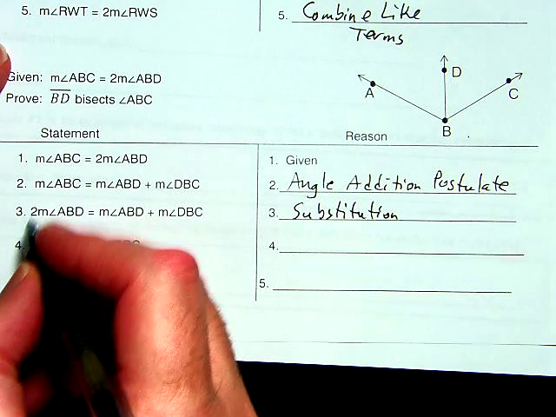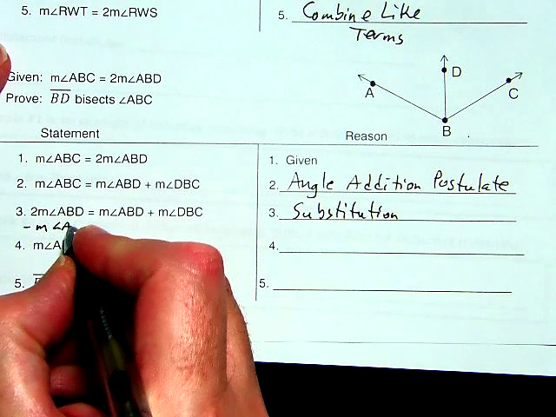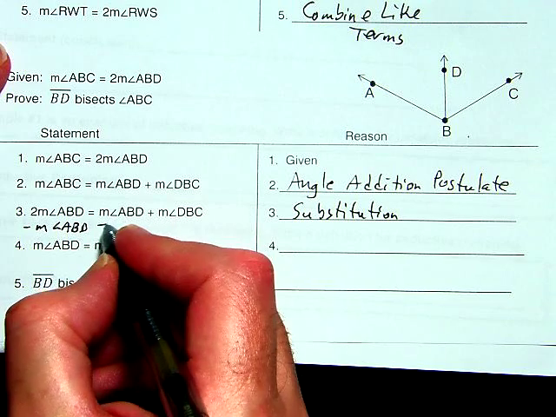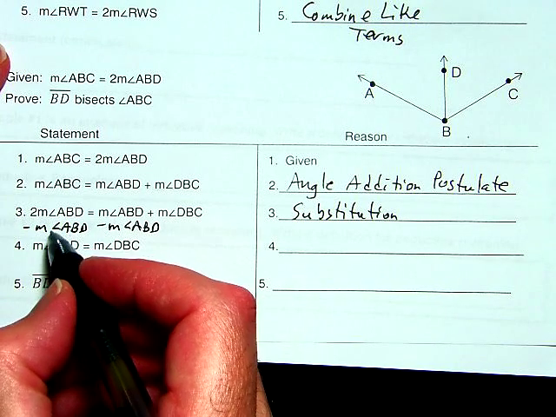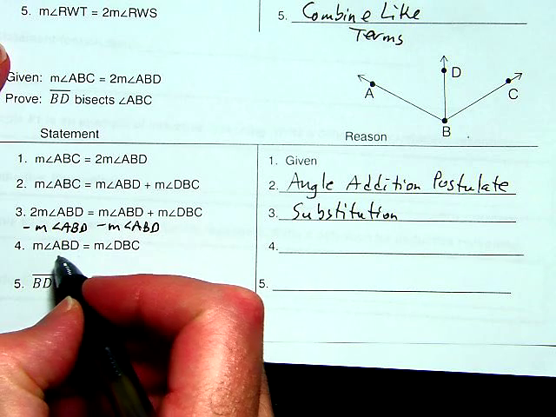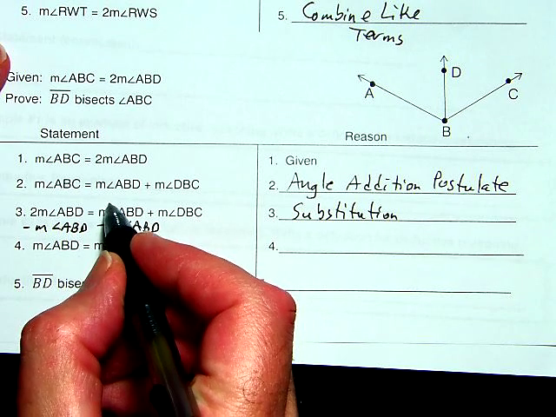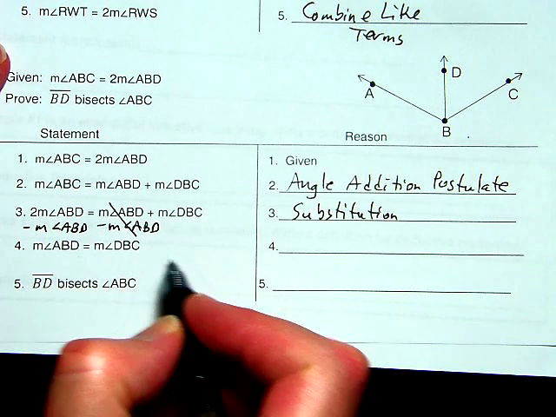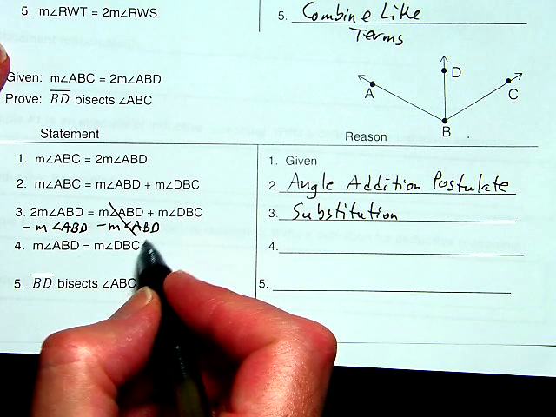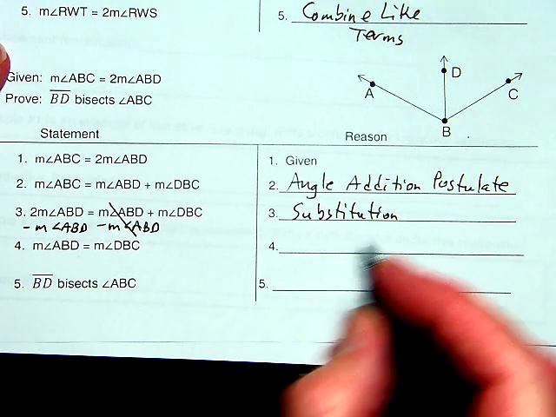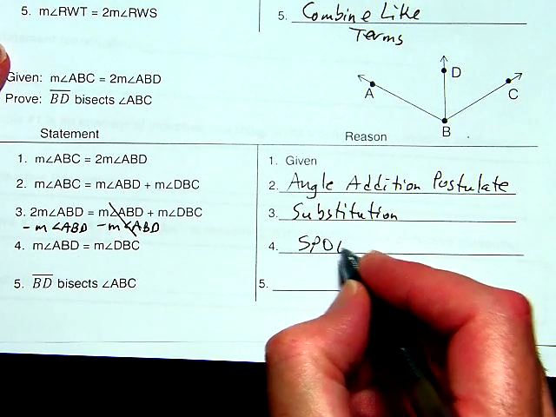So we subtract the measure of angle ABD from the left side and from the right side, giving us 1 times the measure of angle ABD on the left, and the measure of angle ABD cancels out on the right, and we have the measure of angle ABD equals the measure of angle DBC. Okay, so this is the subtraction property of equality.